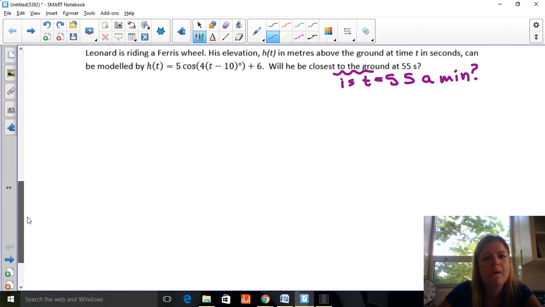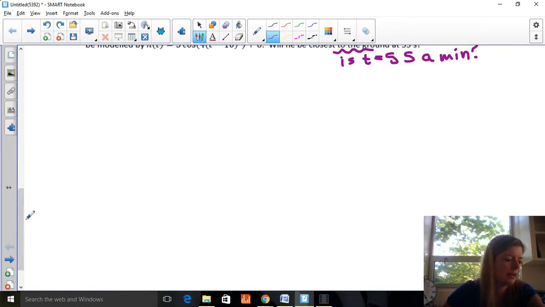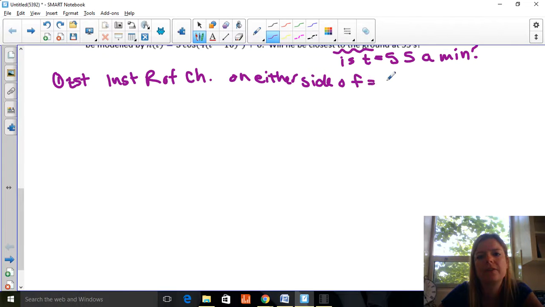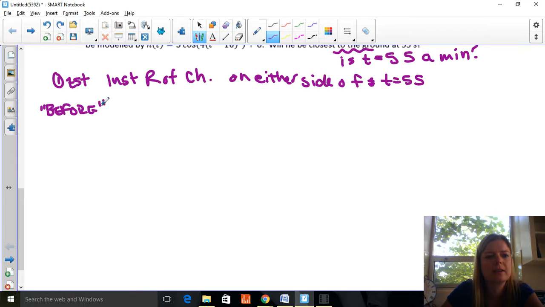So step 1 is to estimate the instantaneous rate of change on either side of t equals 55 seconds. So right before, we'll use an h value of 0.01.